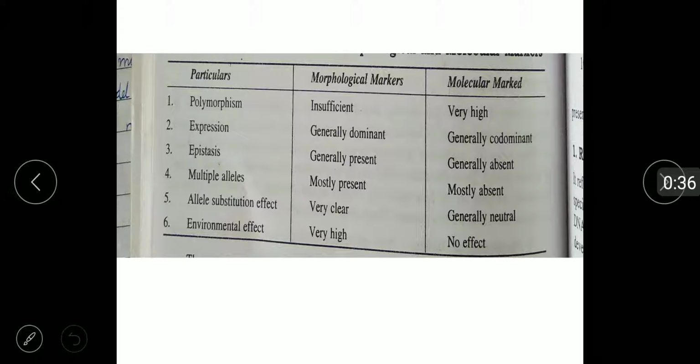Coming to morphological markers and molecular markers. Morphological markers are the markers which we can see by the external features of the genotype or plant, and we can easily distinguish them. Anyone can see morphological differences with the help of morphological markers, morphological features. Molecular markers, for example RAPD and RFLP, are all molecular markers.